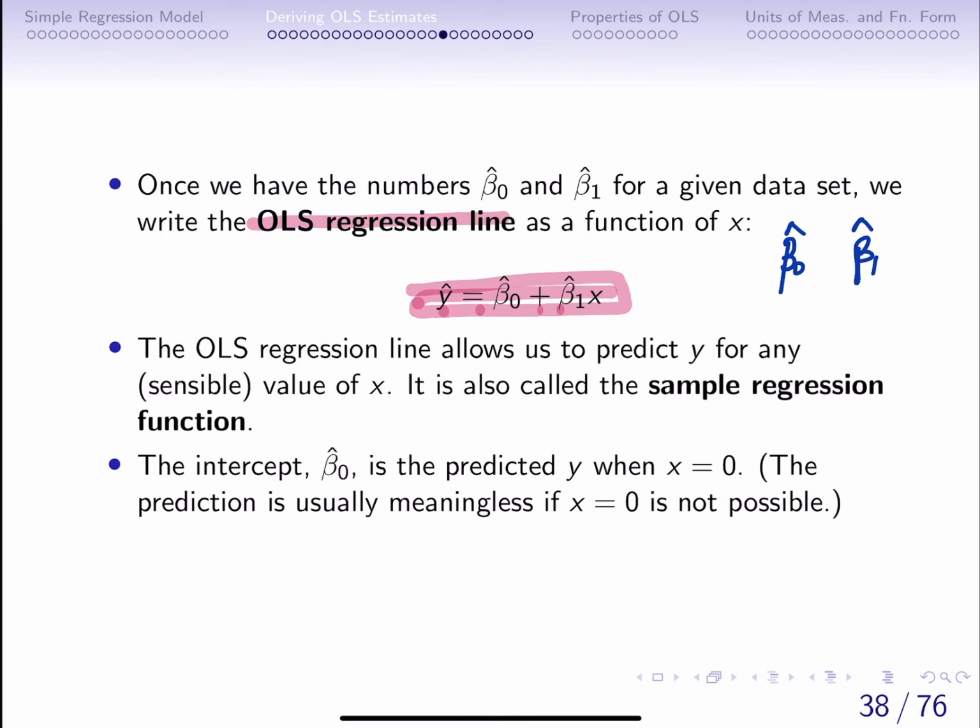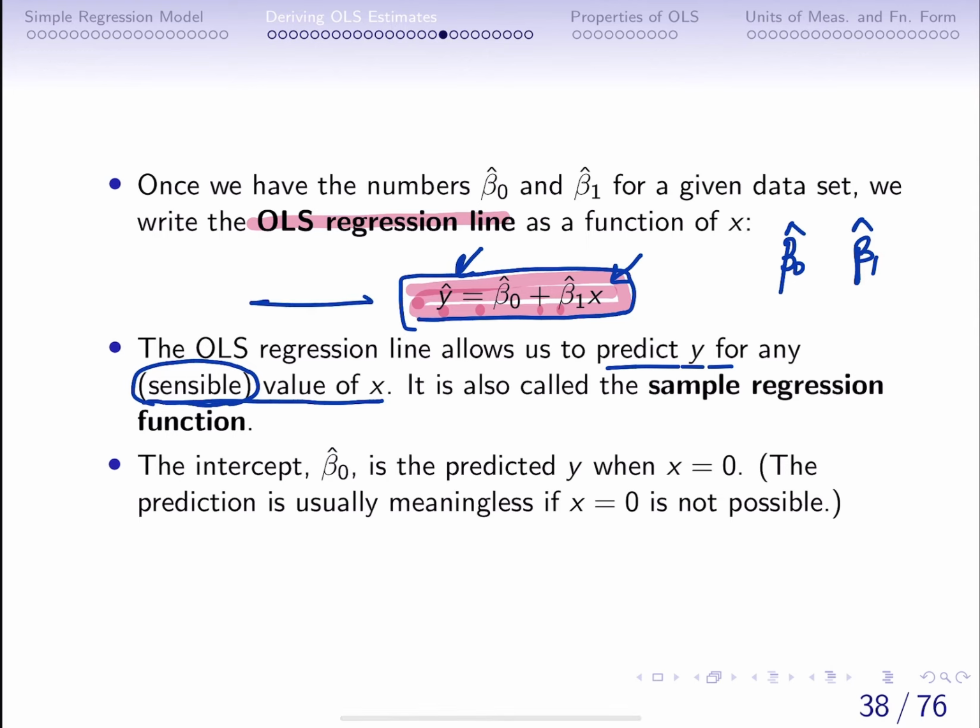And for different values of x, we can predict what y is. So we come up with this regression line that we saw earlier. We predict y for any sensible value of x. We'll see what sensible values mean here, but this is called the sample regression function. Remember, without the hats, it was the population regression function that we talked about earlier.